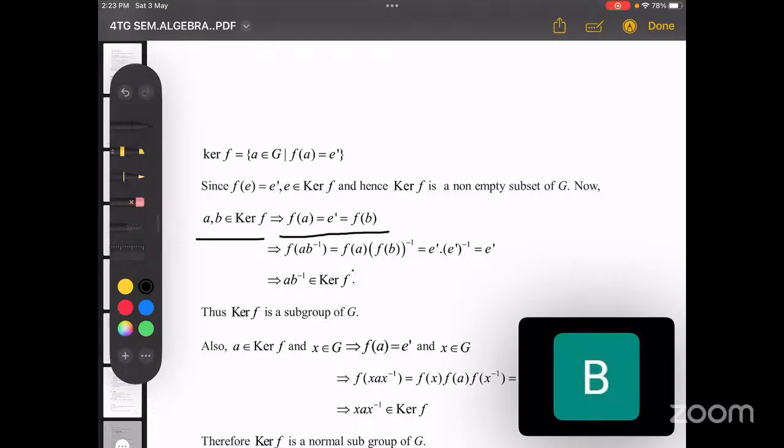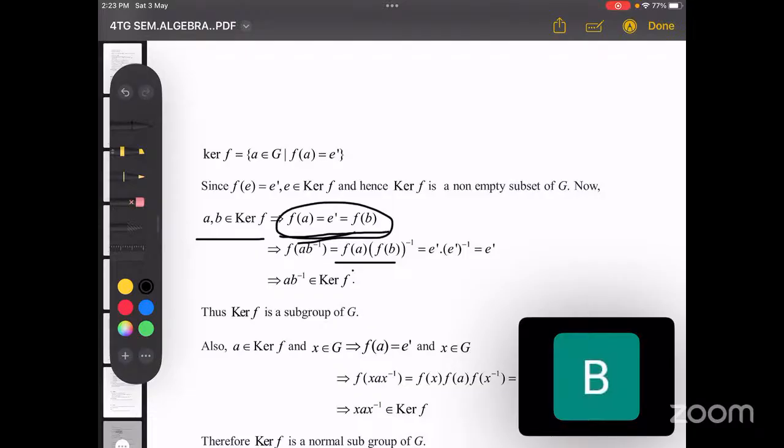Then in place of f of a, we are writing e dash, and f of b, we are writing e dash. We are using e dash and e dash, but we have an inverse. So e dash inverse equals e dash. So e dash into e dash inverse means you will get e dash only.